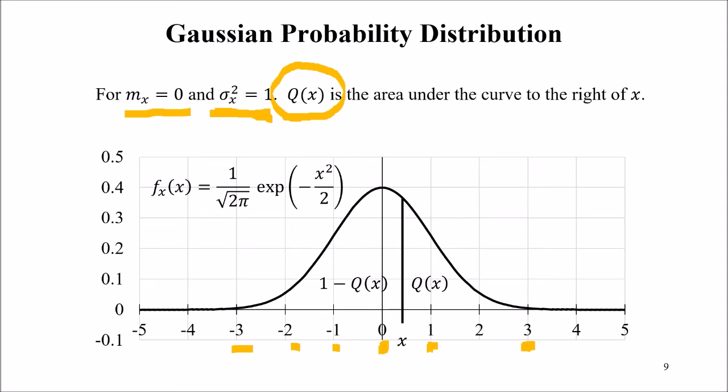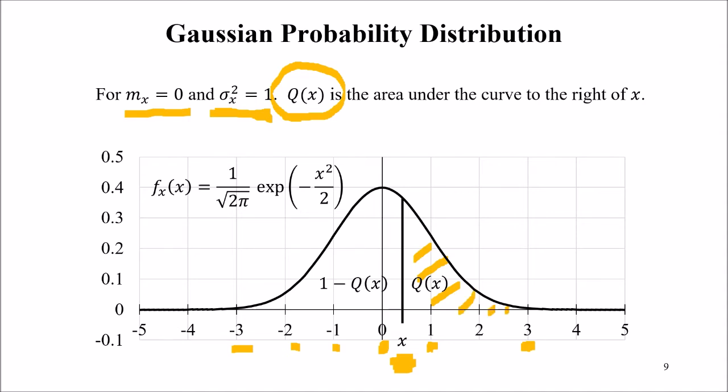The tables give us the area underneath the curve to the right of the value x. So we have a table, and the input to the table is the value of x. We read in the table the area under the curve to the right of that value of x.